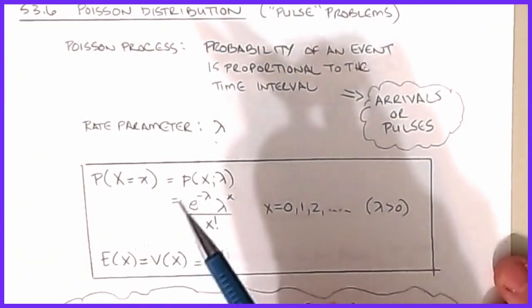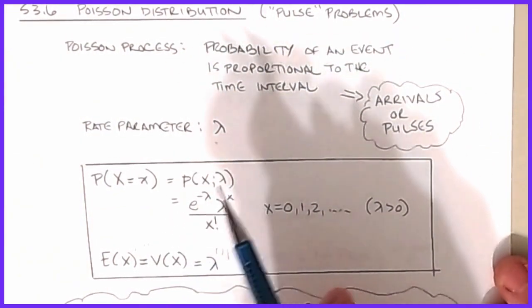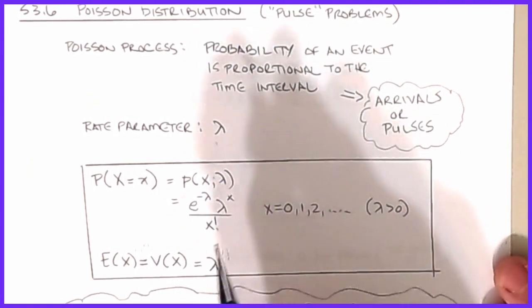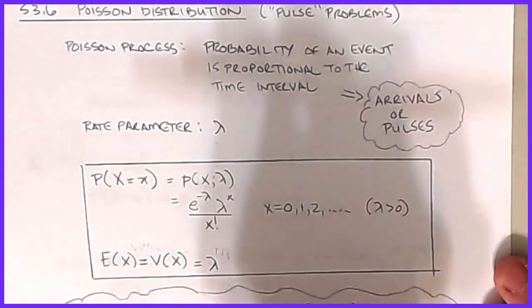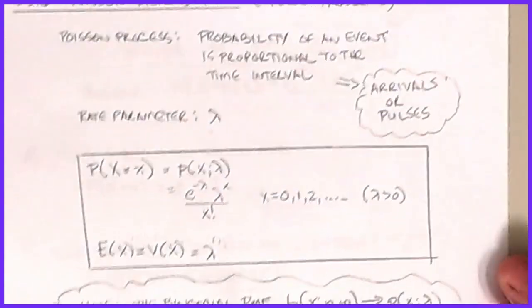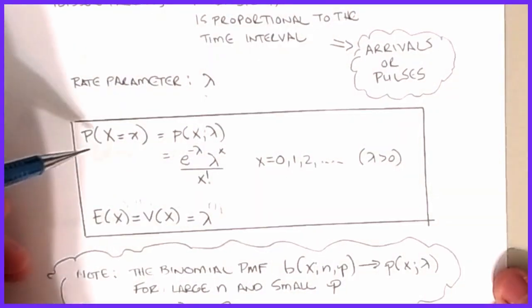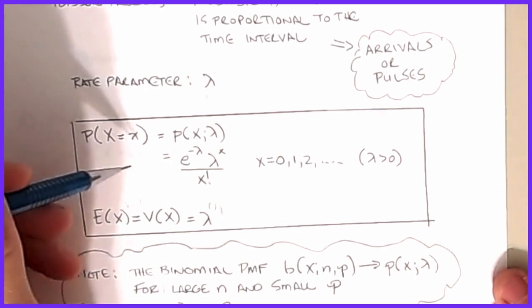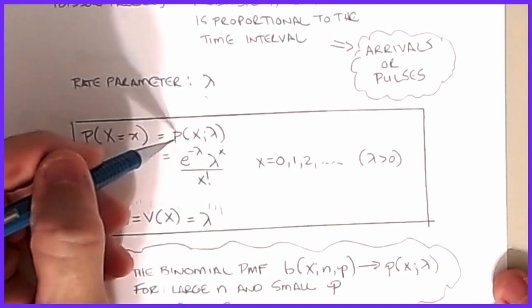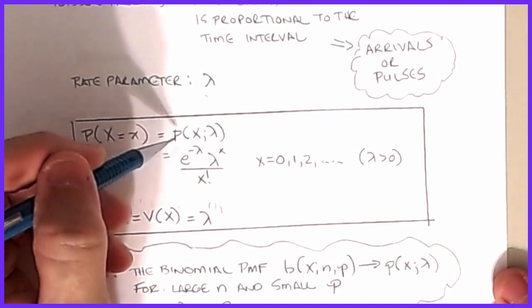So the way that you identify a Poisson problem is it's always dealing with pulses or arrivals of people, of planes, of events happening. All right. And so the basic definition says that the probability of our random variable X being equal to some value, which is always this little x, we're going to write it as a Poisson distribution, and it has two parameters.